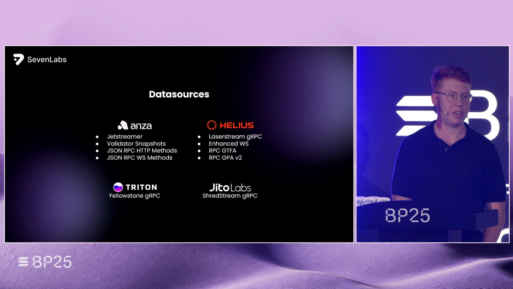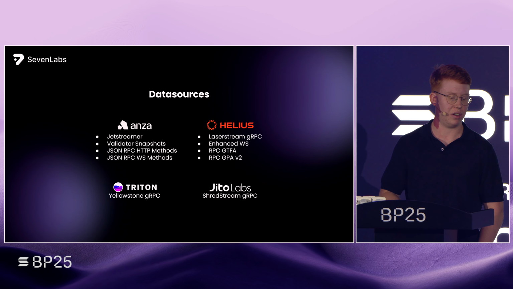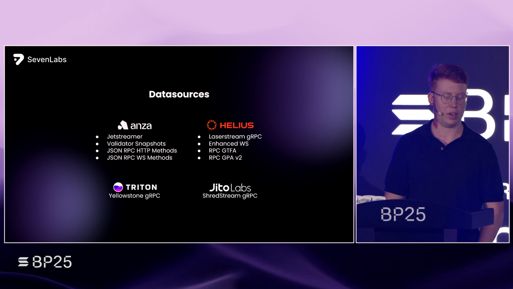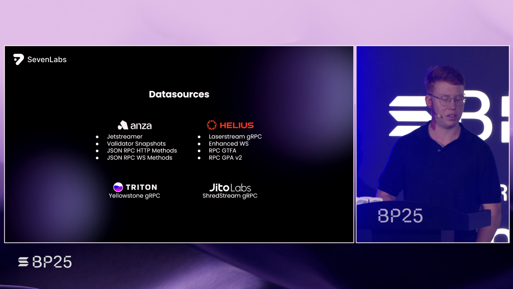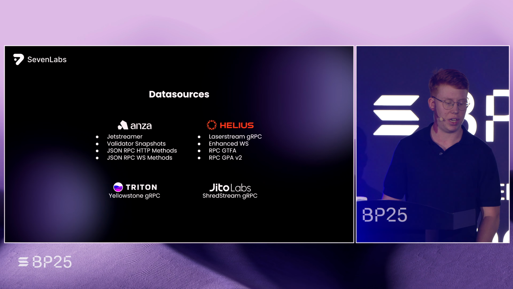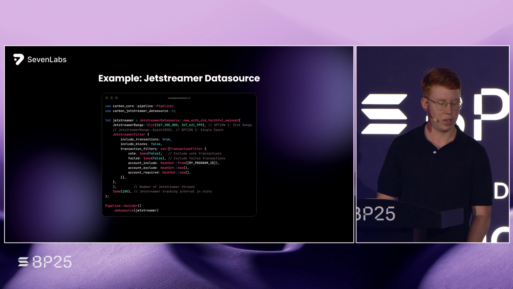And that's at very high speeds. So that's a good one. And then on the vendor side of things, you have Helios that has released get transactions for address as a new RPC endpoint. And so these are all methods that you can directly plug into Carbon, and you'll get the data inside your pipeline.